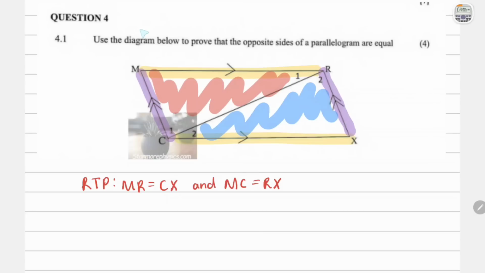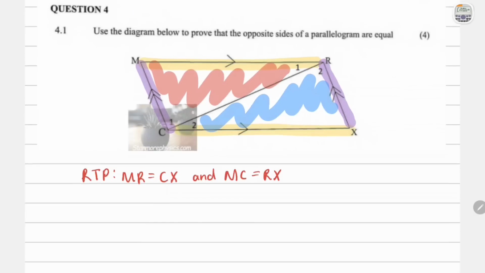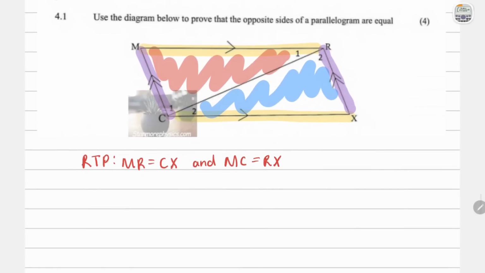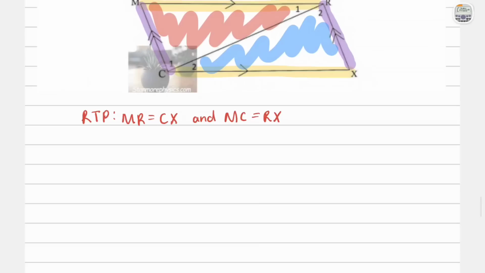What we can show is that these two triangles are exactly the same. In other words, we're going to prove that these two triangles are congruent. And if we can prove that, it would mean that all the corresponding sides must be equal. So let's go ahead and do that.